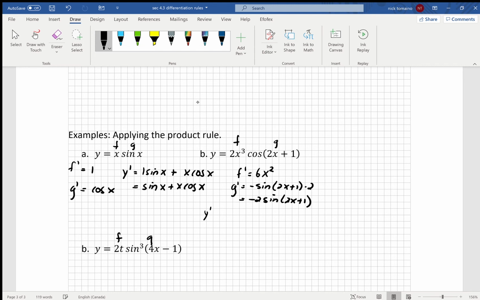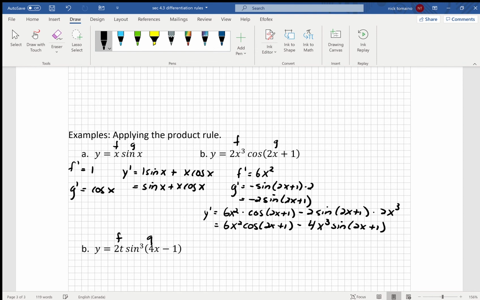So we have Y prime is equal to F prime times G plus G prime, so it's actually minus, times F, and we get 6x squared cos 2x plus 1 minus 4x cubed sine 2x plus 1.